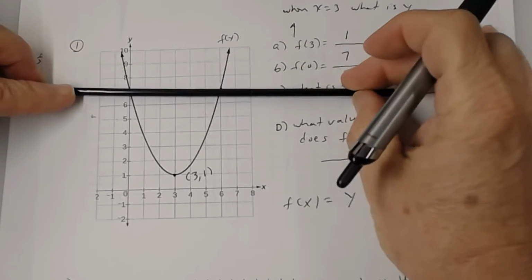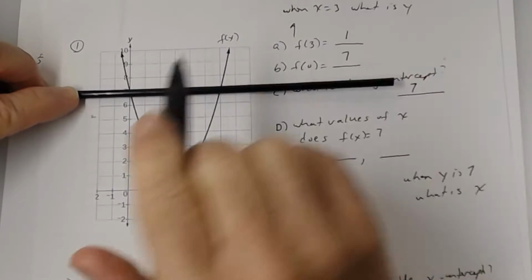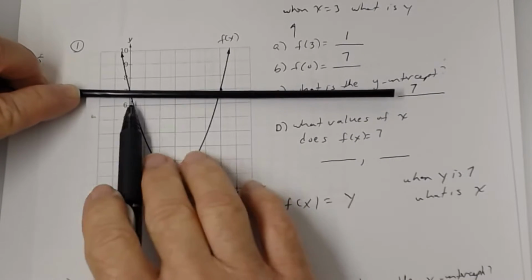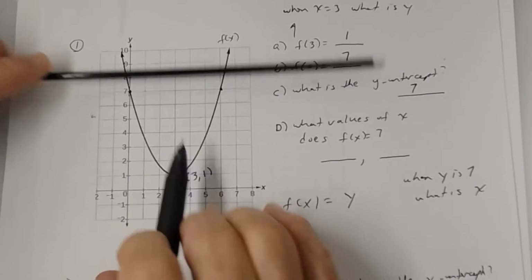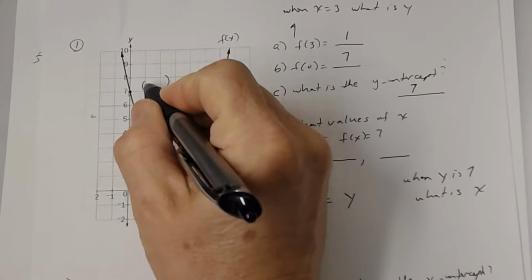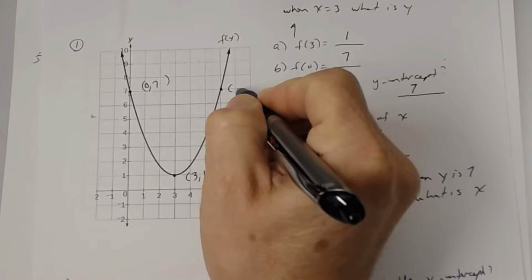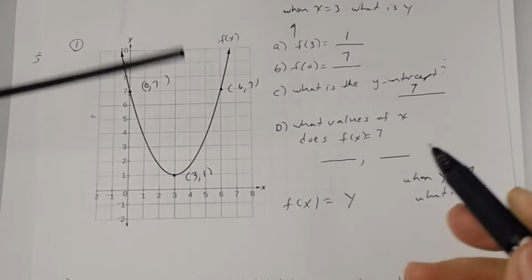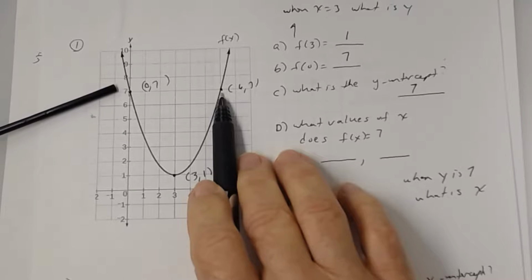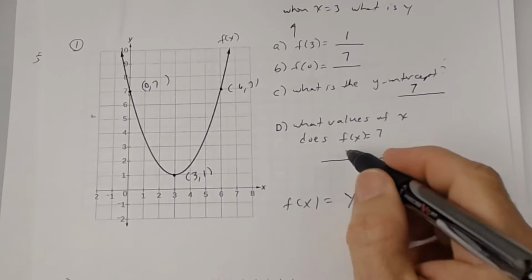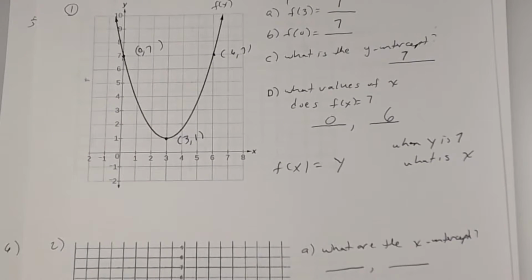So now you do the horizontal part. When y is 7, these 2 points here have a y value of 7. What are the coordinates? 0, 7, and here this is 6, 7. So when y is 7, what are your x values? 0 and 6. So you say 0, 6. Okay? 0, 6.